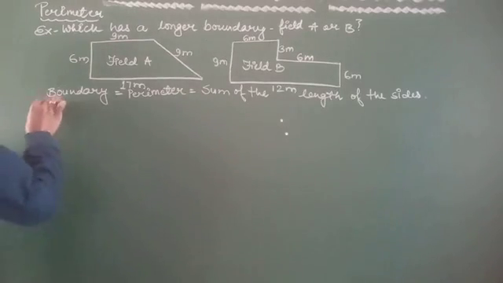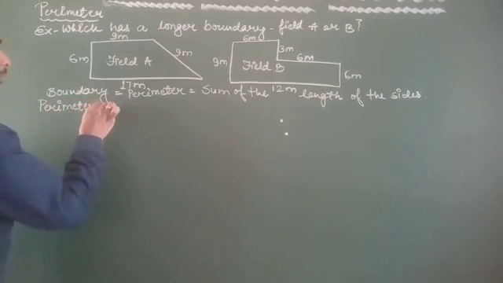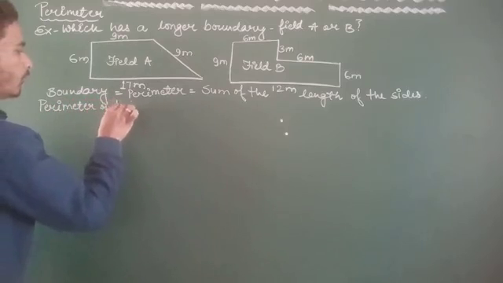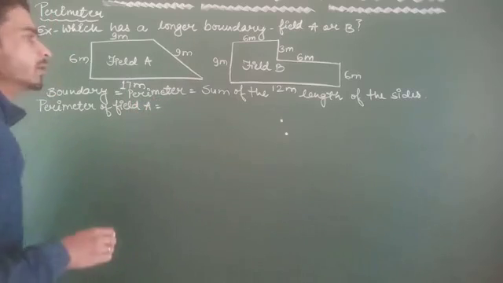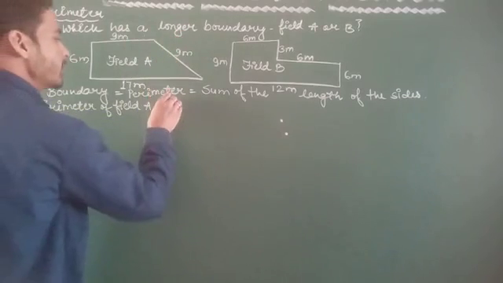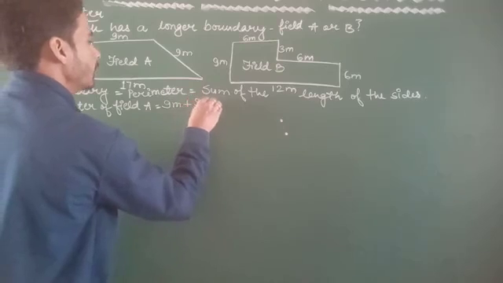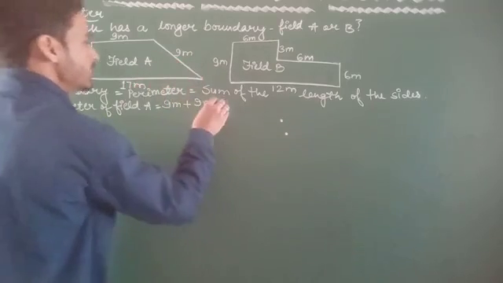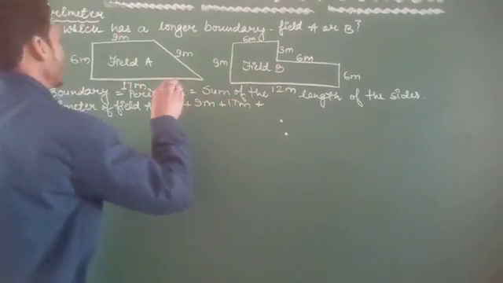So the perimeter of field A is equal to the sum of the length of the sides. So 9 meter plus 9 meter plus 17 meter plus 6 meter.